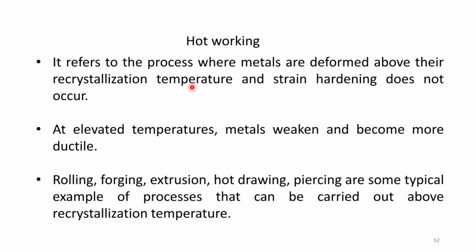Around 0.3 to 0.4 times the melting temperature of the metal, your material will start showing formation of new crystals, stress free crystals, if it has some residual stresses already in the material.